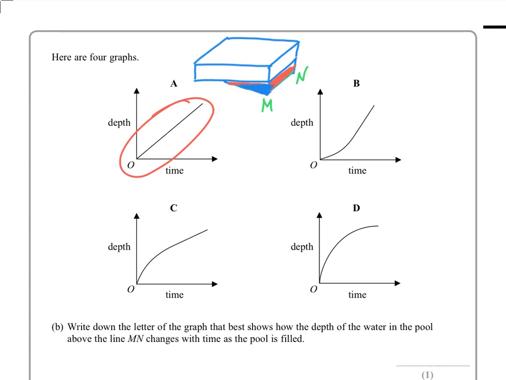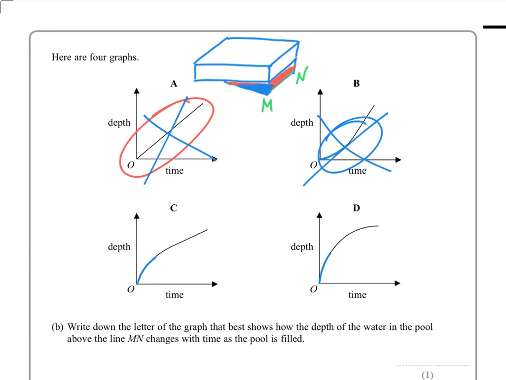So I would say there's going to be a slowing down here, which this one could represent. This one could represent, but I'm afraid this one kind of gives itself away. That can't be the case, because it's not going to increase at a rate at the very beginning. That's not going to happen. So this one goes goodbye to B. A's gone. So it's between C and D.